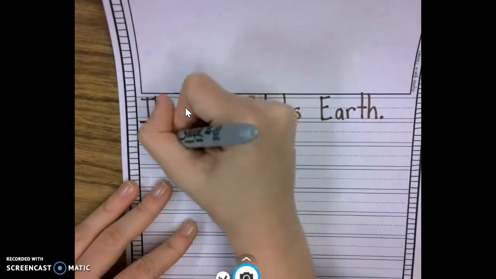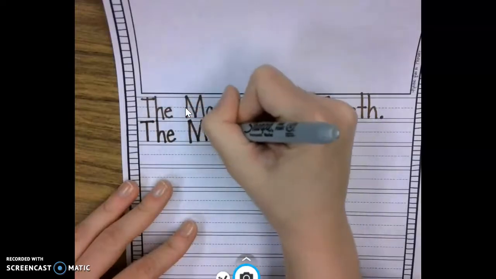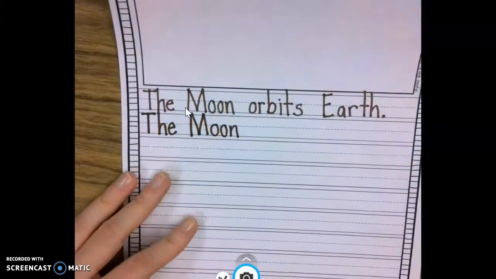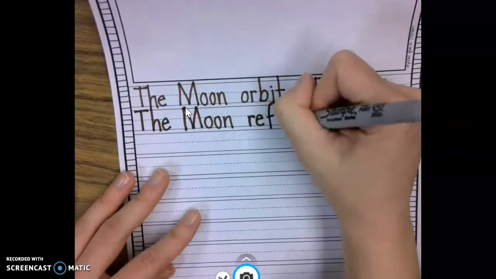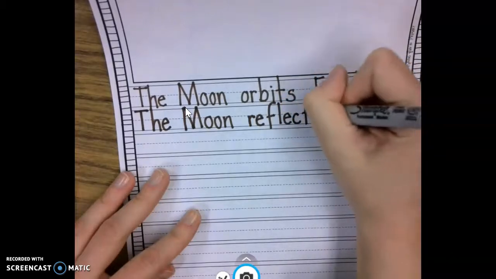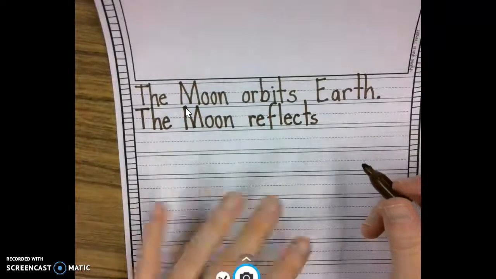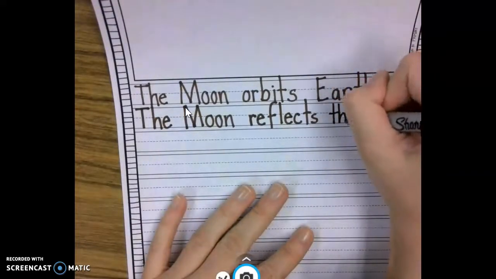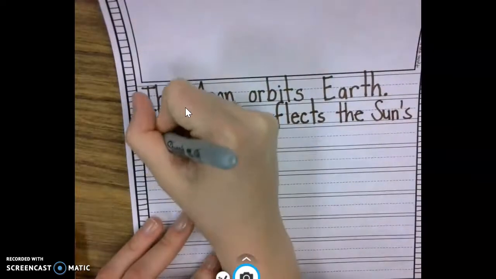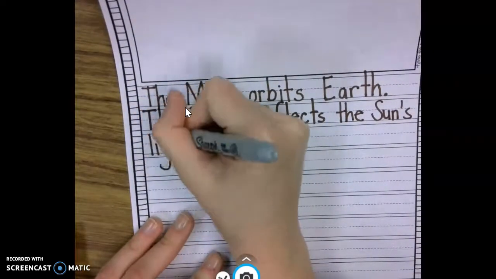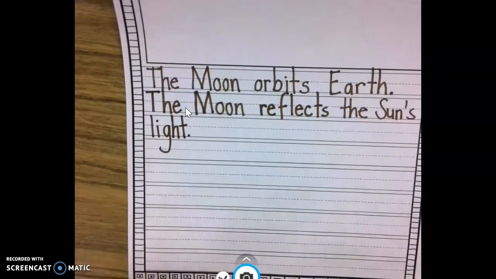The moon, going to have a full sentence here, the moon reflects, that means it's kind of like a mirror, it bounces, reflects the sun's light. So you could just write, the moon does not have light. The moon has light from the sun.